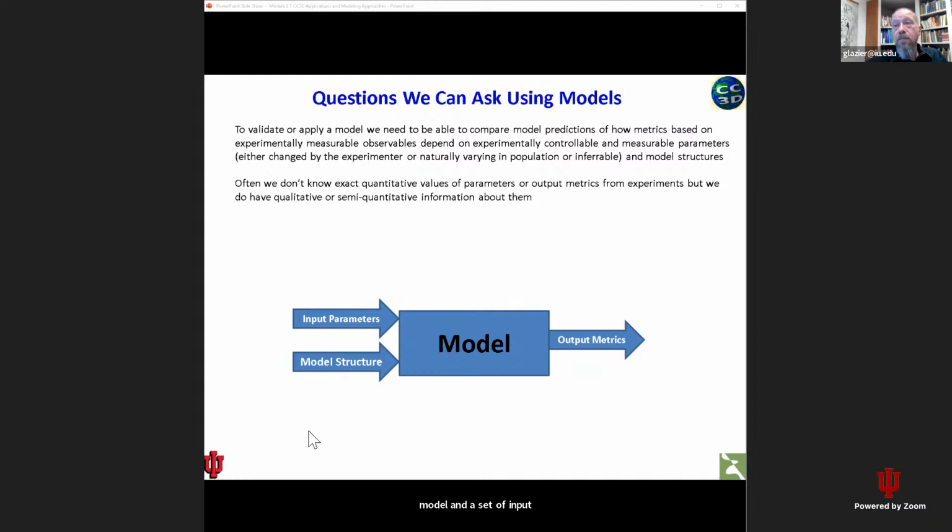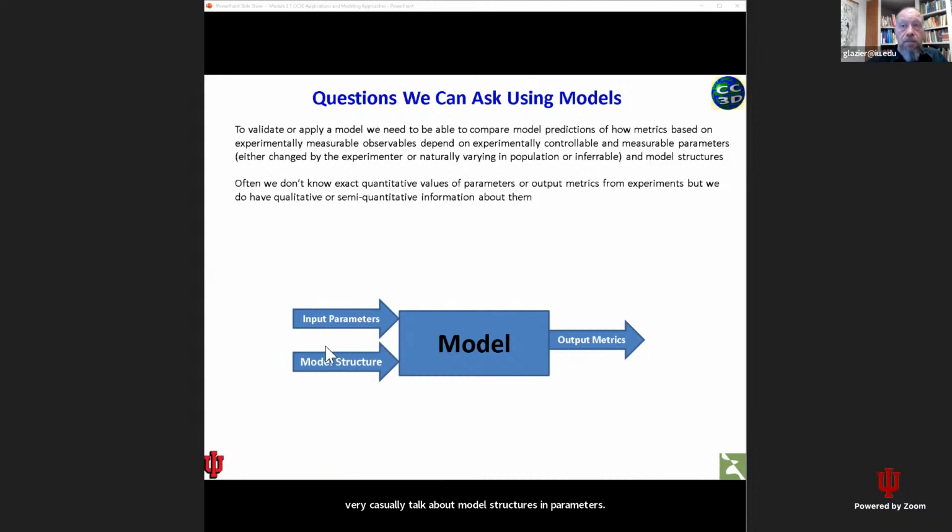So I might have a model of a human heart, and one of my input parameters might be my blood pressure or my caffeine level. And this combination of model structure and parameters is something that requires some thought. We'll very casually talk about model structures and parameters, but in fact, we need to understand what those mean.